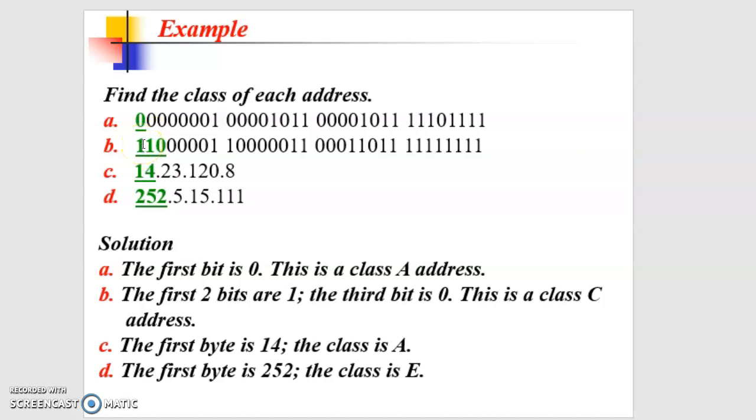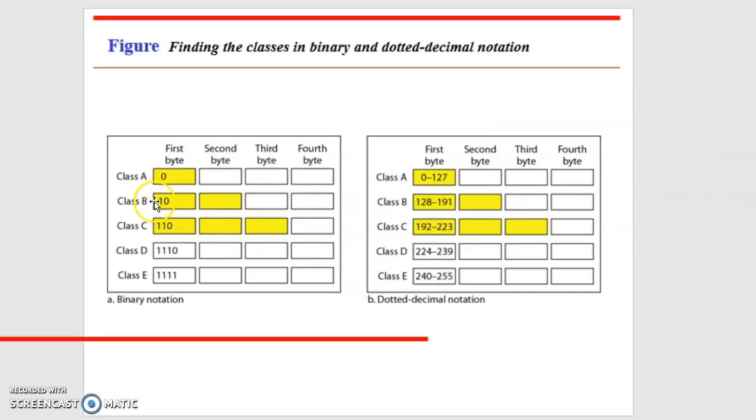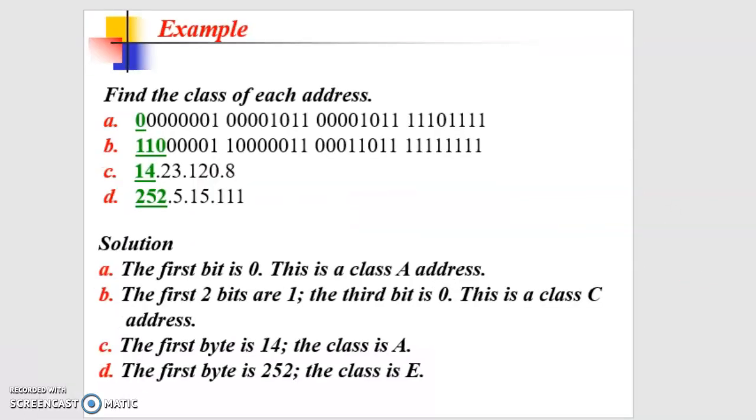You don't know which class it belongs to. If the second bit is 1 and then the third bit is 0, it belongs to class C. You can see in the previous image, if the first bit is 1, you see the second. Second is 1, you see the third. Now it is 0. You know that it belongs to class C, right?